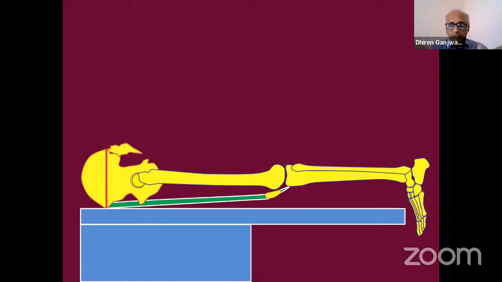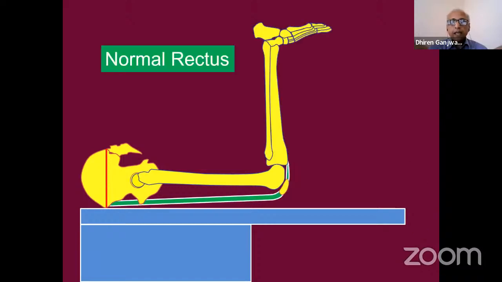Here the patient is on the examination table in a prone position. Now the knee is extended. Now this knee is flexed to 90 degrees, and in a normal position there will be no effect at the proximal end of the rectus and the pelvis will remain like this.